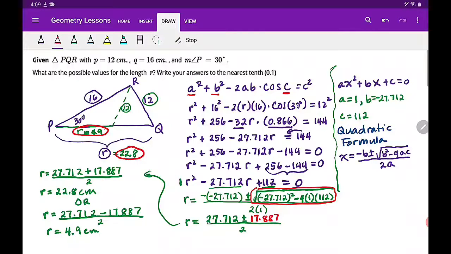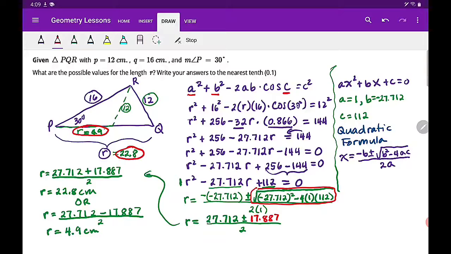All right, so we have a version of the application of the law of cosines, this time using the SSA. Whenever we have an SSA scenario, it always results in an ambiguous situation. It can result in more than one possible outcome. Now in any case, if one of the values is negative, you can strike that out.